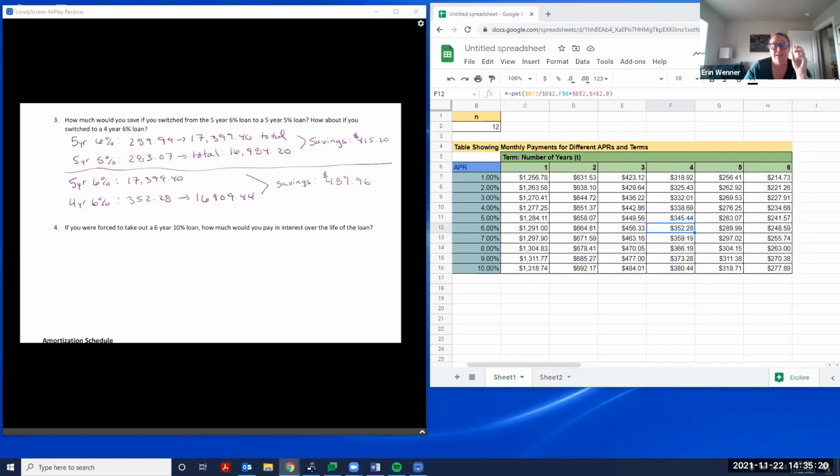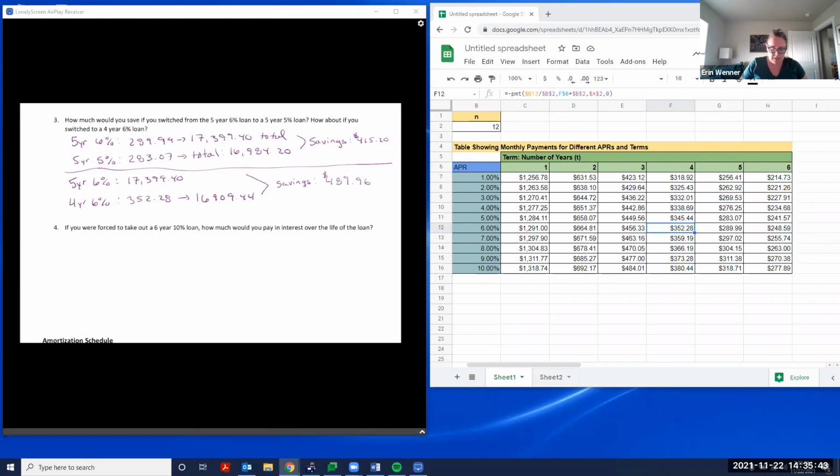So we end up saving more when we knock a year off of our loan period, right? So if you can afford the higher payment, go with the shorter period of time if you can, right? Because that's what's going to be the bigger impact in the long run.